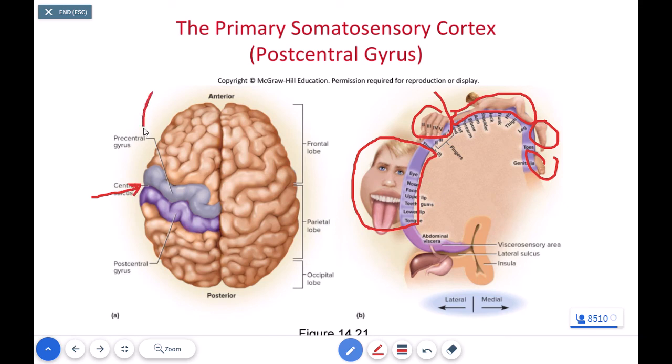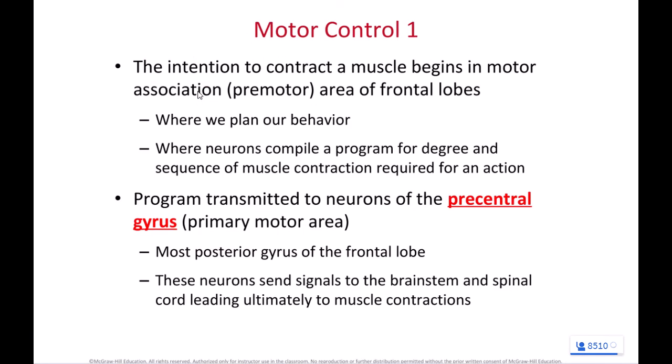The precentral gyrus is right here in lavender, and that is located within the frontal lobe. It's the most anterior portion of the frontal lobe. And this is where information for motor movements is going to leave the brain.